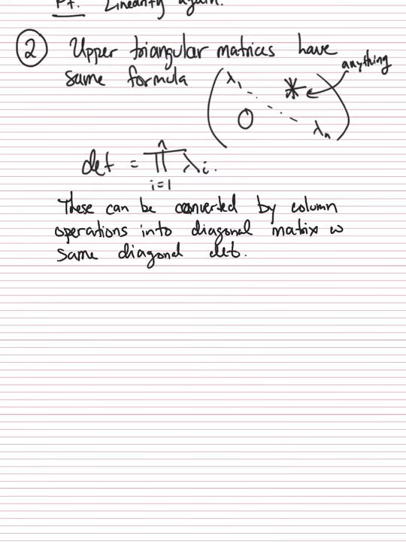This is just like, or similar to, converting a matrix to reduced echelon form. There are all zeros here. You use lambda 1 and column operations to turn all of these into 0, similarly for lambda 2 and so on.